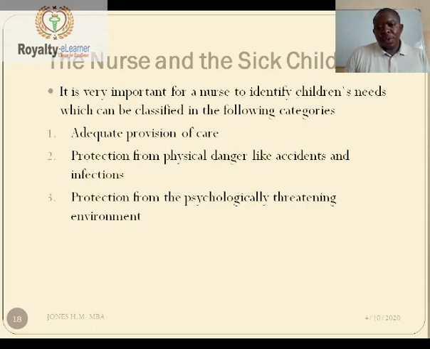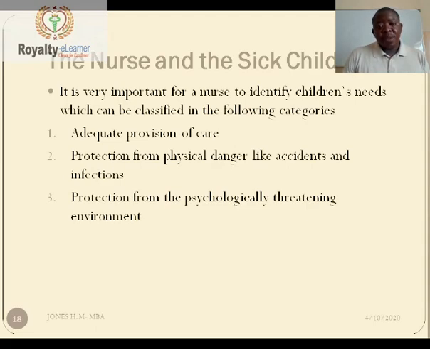Children are prone to a lot of injuries because they are too active and their perception might not be that good on certain things. Protection from psychologically threatening environments. Children have emotions just like adults.